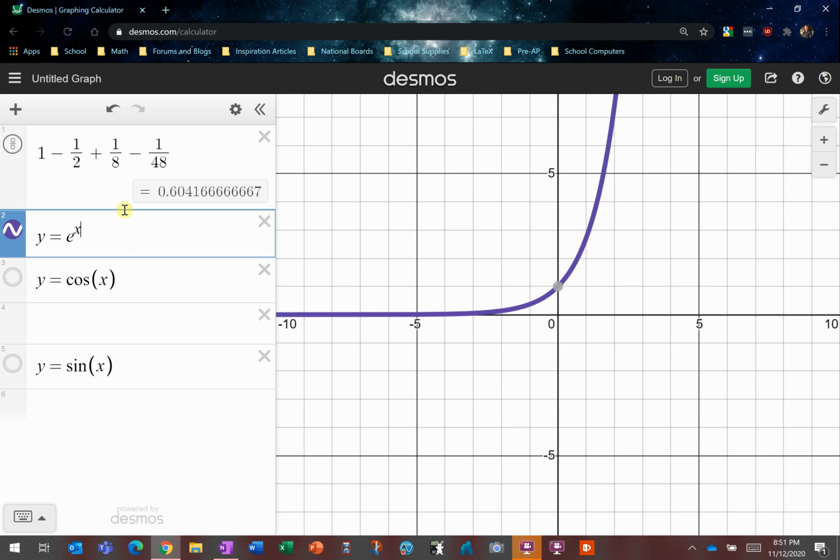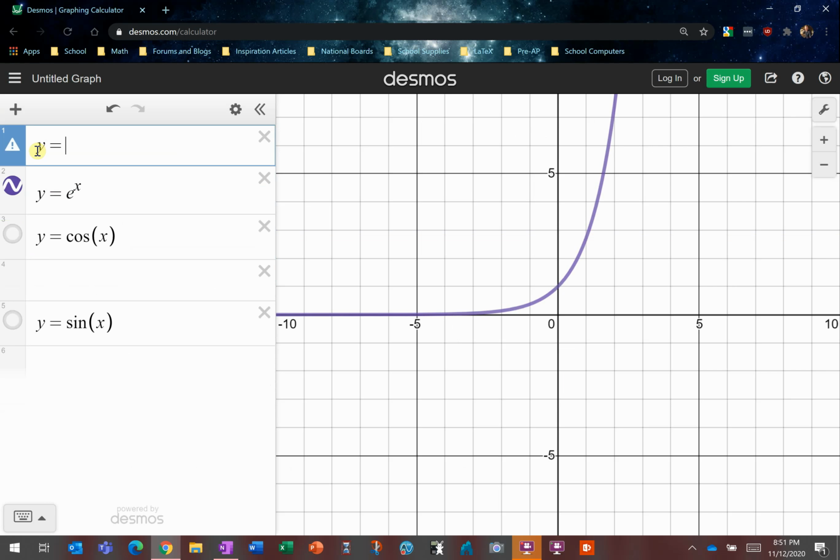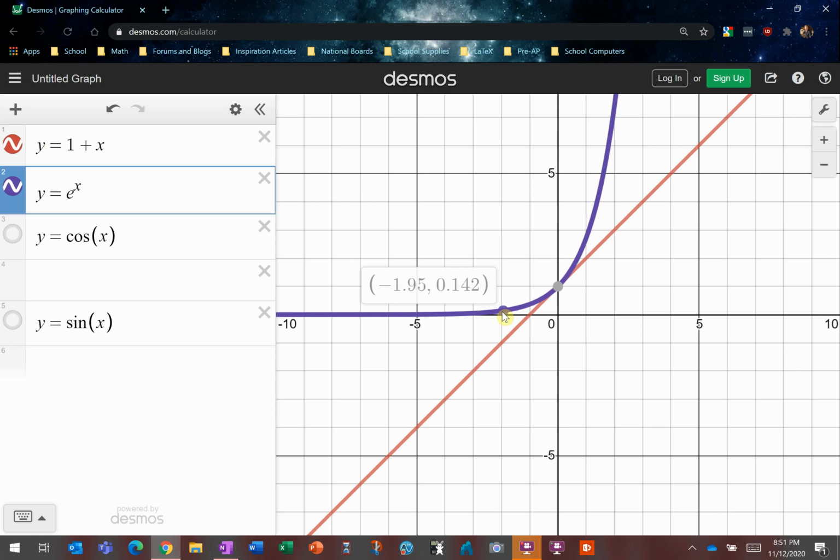Okay, something like that. And then let's just start with our function. So we have 1 plus x. That matches pretty well. They said for all x greater than negative 2, though. So what I'm really looking for is, when does my red graph really perfectly approximate my function from negative 2 on out? I'm just going to keep typing out terms.